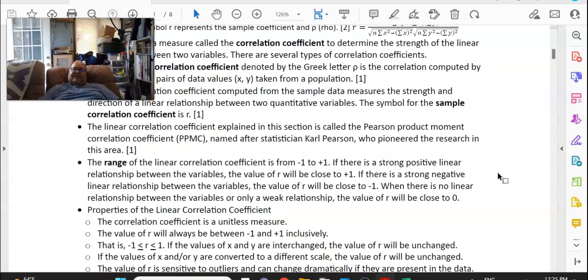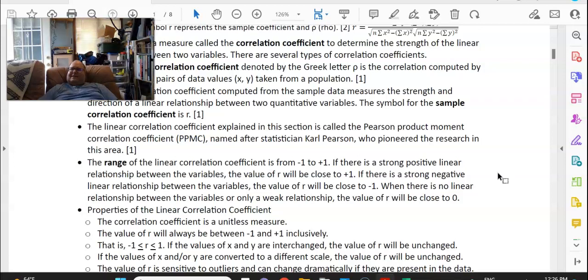Any correlation that is relatively close to +1 or -1 has a strong correlation. So anything from 0.8 to 1 or -1 to -0.8 is a strong correlation. 0.8 down to 0.5, either positive or negative, would give us a moderate correlation.